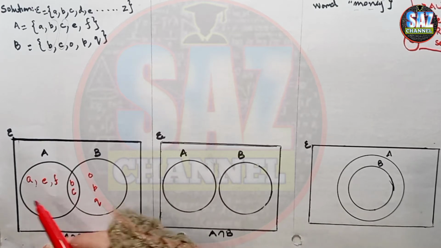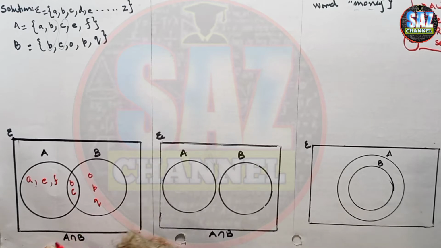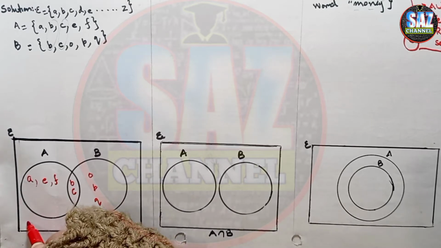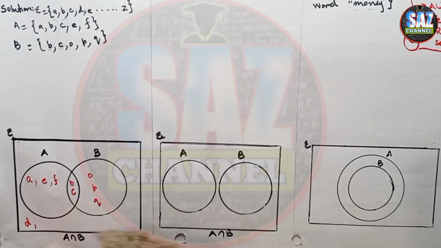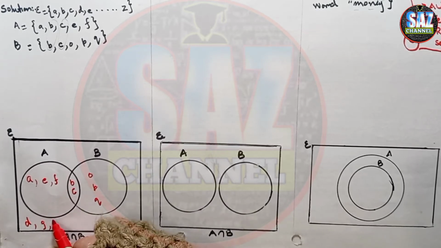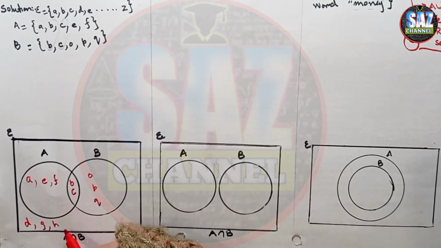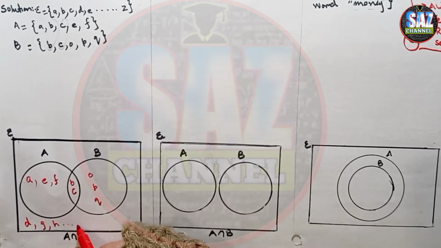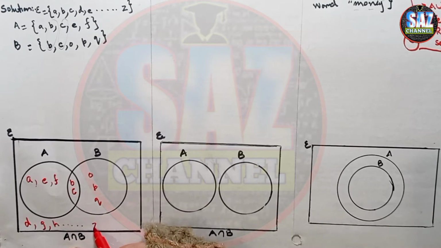After writing A, B and C, the remaining elements I have to write in the universal set as well: D, G, H, I, J, K, L, M, N, and so on till the last element, Z.